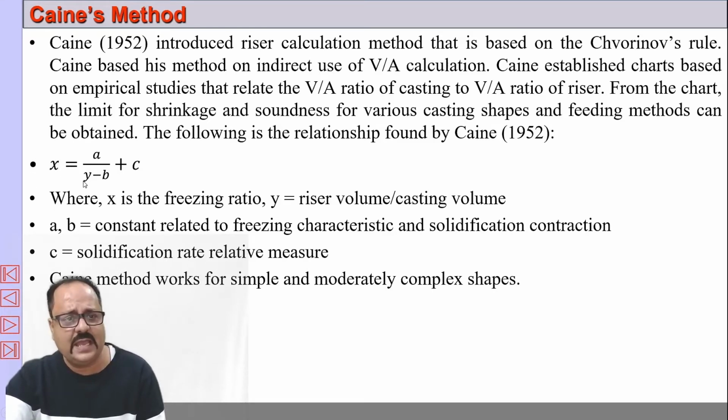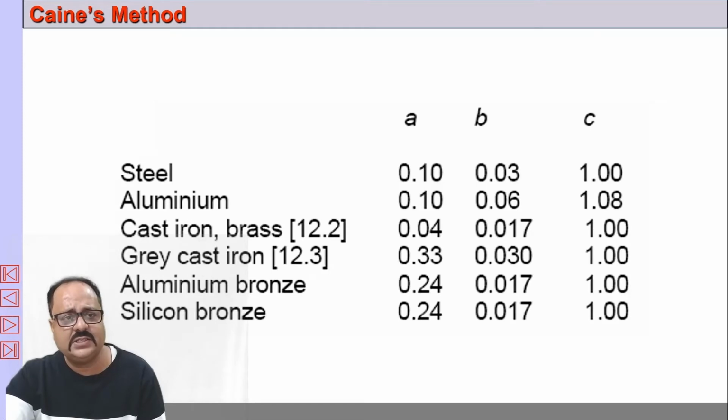So we have X and we have Y, and we plot X and Y in a graph as given by Cain. Cain has done several experiments. These are the guidelines for finding the values of A, B and C. You can take A, B and C from this table depending on the material you are casting.